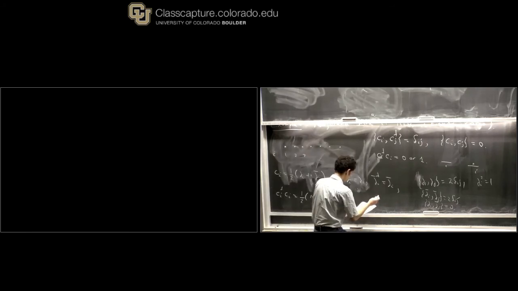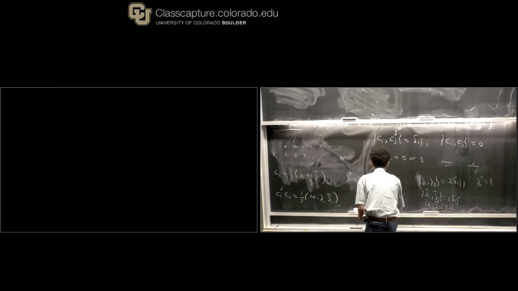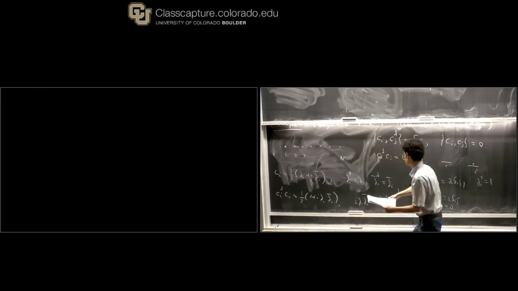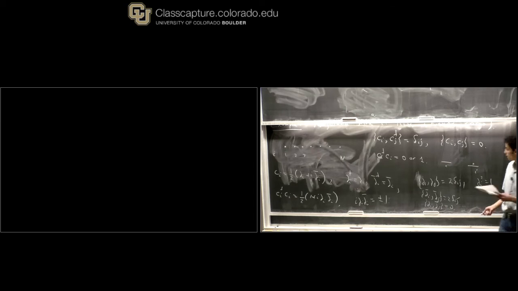So i gamma i bar can be plus or minus 1, with plus 1 corresponding to occupied and minus 1 corresponding to empty. Yes?